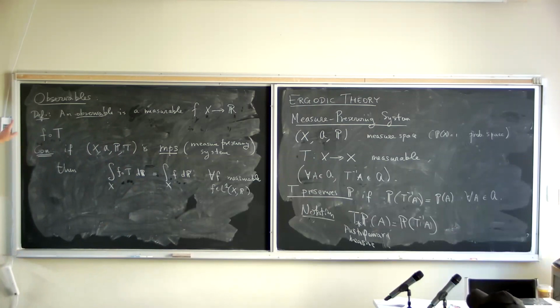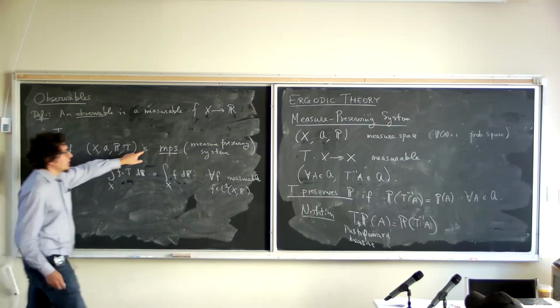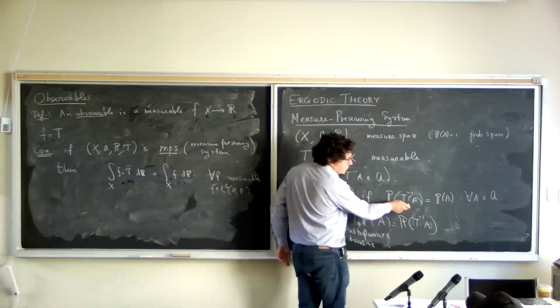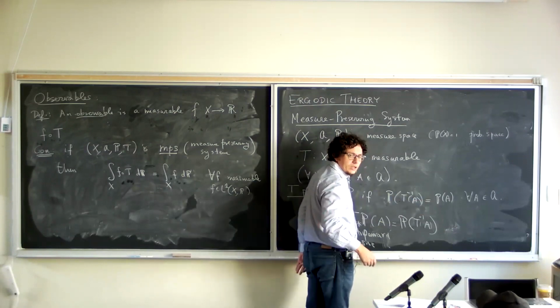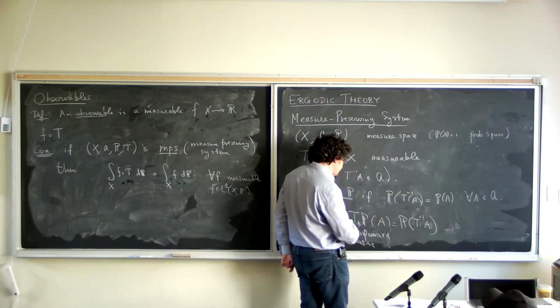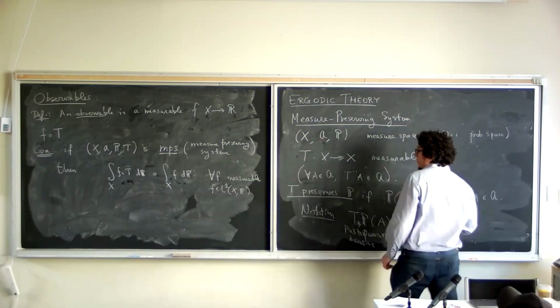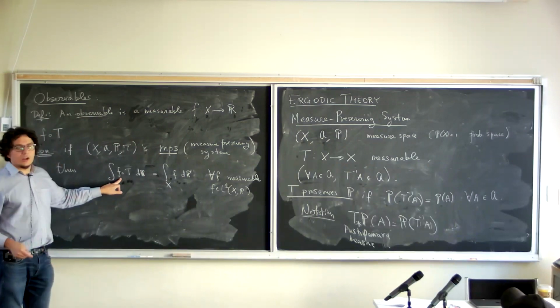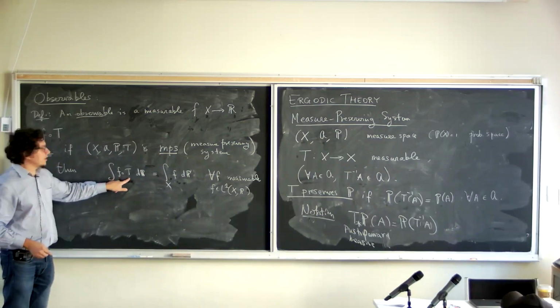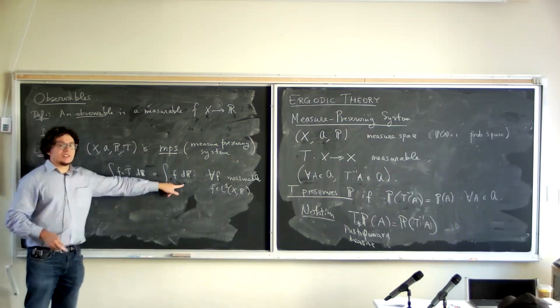The definition I've given of measure preserving means that the push forward of the measure under T is the same as P, right? And this is a corollary. The corollary is that the integral of every observable, when you compose with T, is the same as the integral of f.